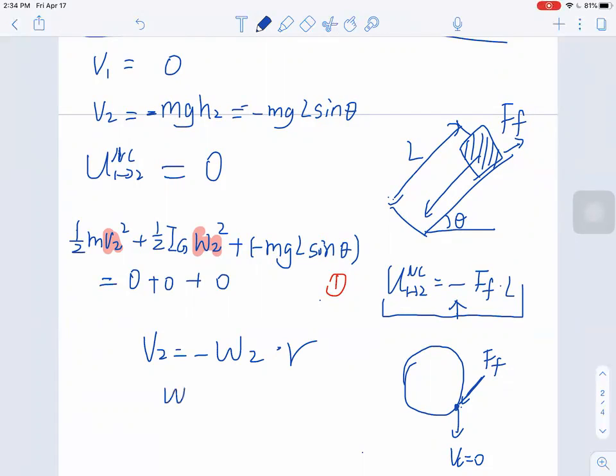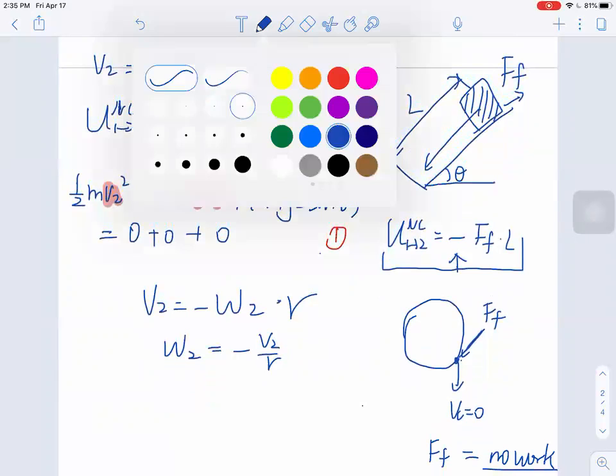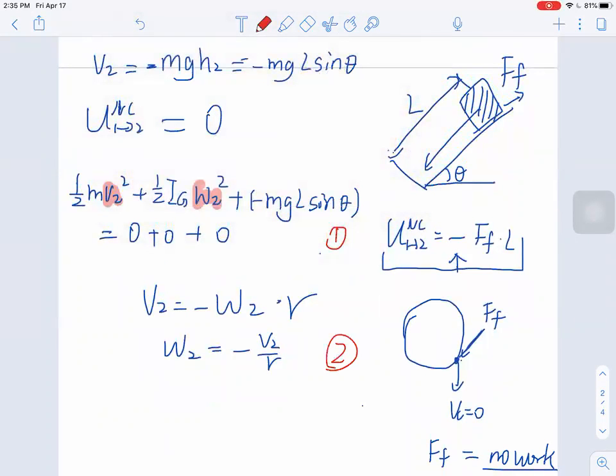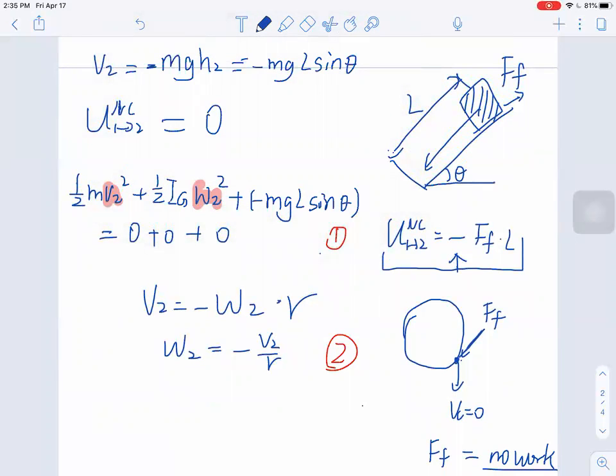Or you can write omega 2 equals negative V2 over R. If you know the radius and the velocity of any point, you can calculate the angular velocity of the body. And now we should have two equations. This is our second equation. With two equations, you are able to solve two unknowns.